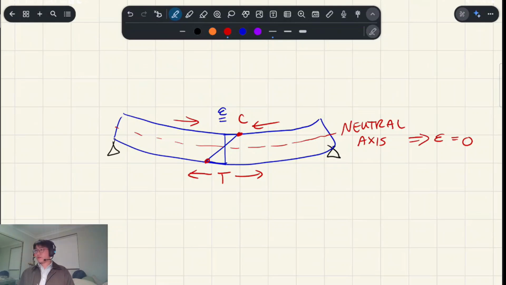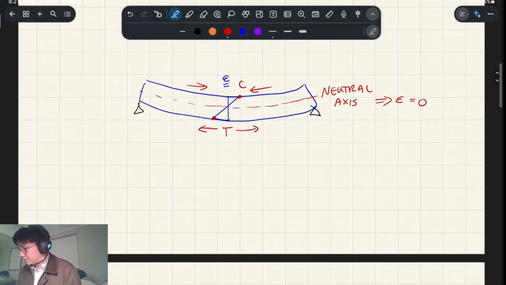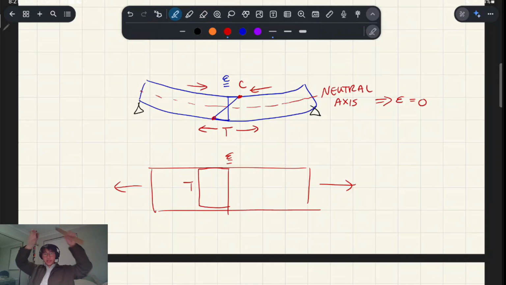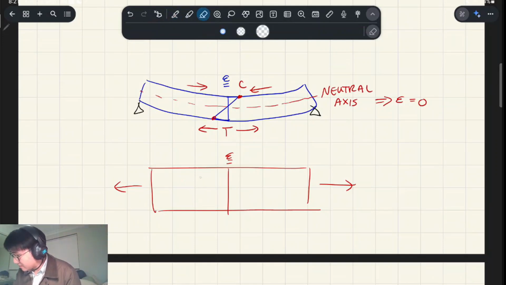Now, the difference between how bending works and how pure tension and compression works is if we just had a column or a beam or some kind of member of a solid material, and I'll draw it the other way, and we're just pulling it apart, it's going to be in pure tension along its entire section, and vice versa.